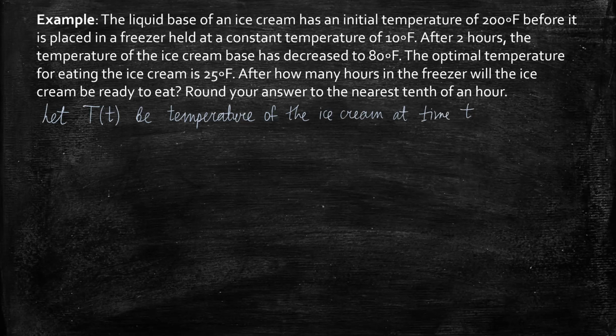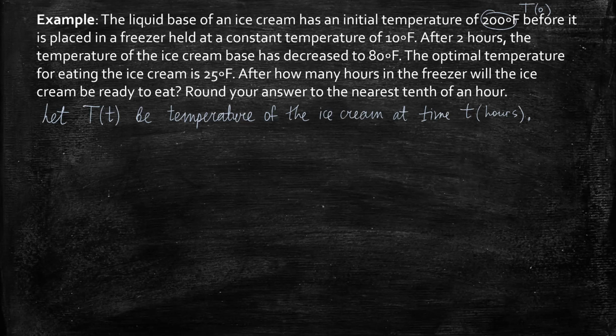So t is, let's say, in hours, and the capital T will then be in Fahrenheit. And using this notation, we can clearly identify 200 as what? Well, 200 seems like it's our initial temperature.